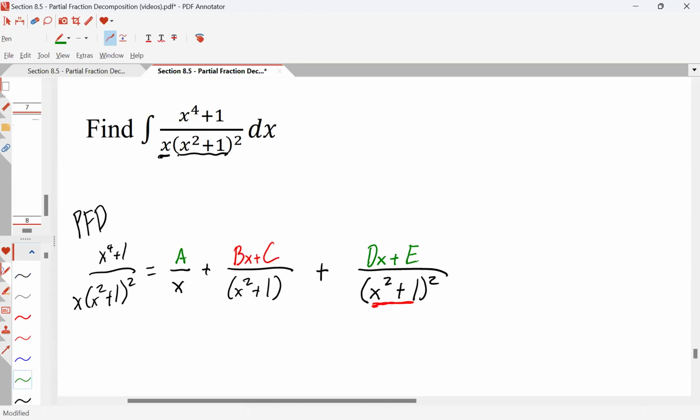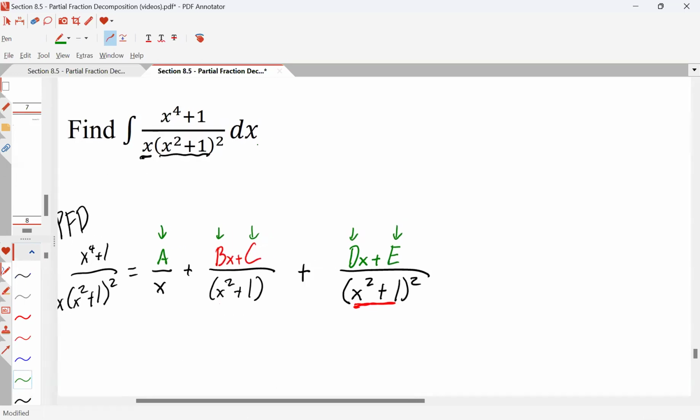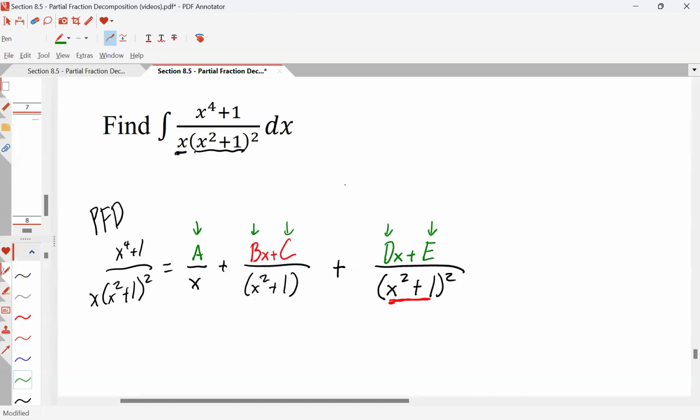If you're ever wondering, do I have the right number of unknown coefficients? The number of unknown coefficients, your ABCs, is going to match the degree of the denominator.